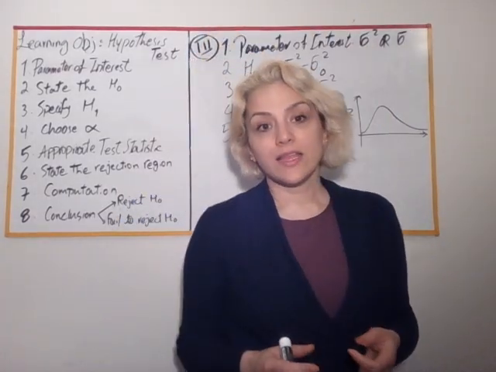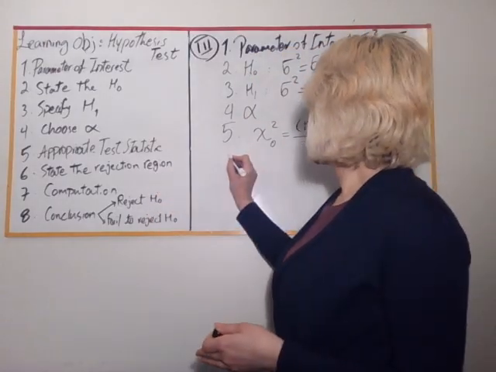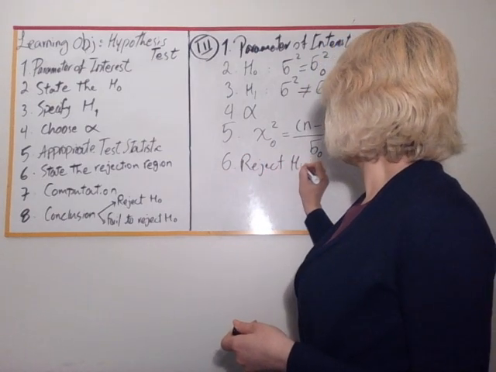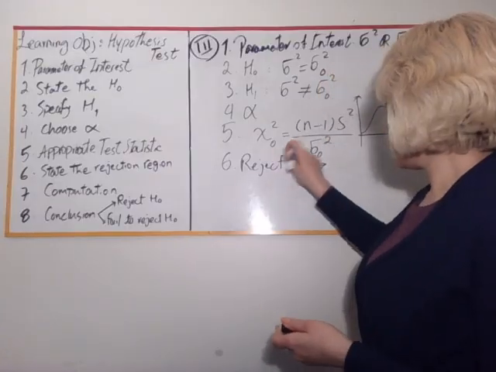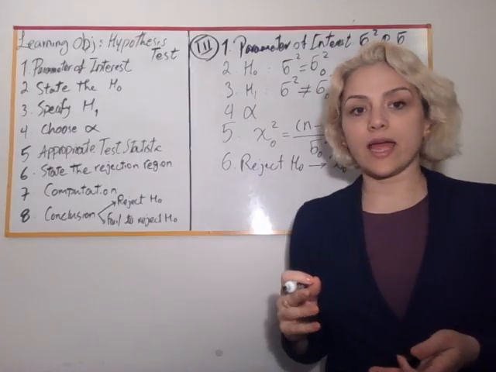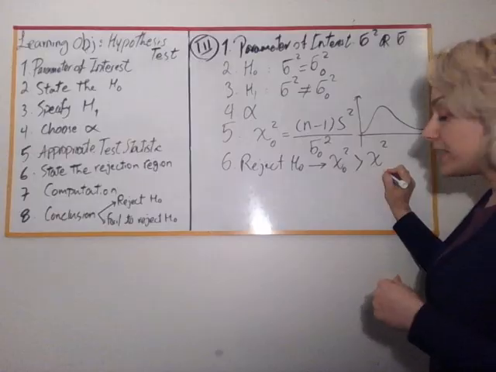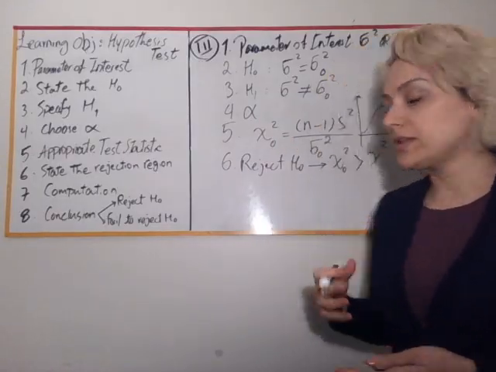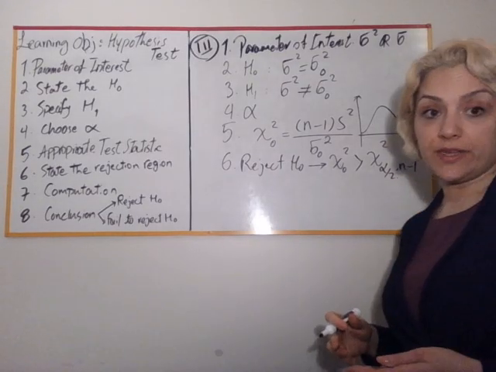So because of that, when we want to find the rejection region, in number 6, we would say reject the null hypothesis when our chi-square null is greater than the chi-square. Let's say we are working with the two-sided, right? So I'm going to have half of the alpha and n minus 1, which is my degree of freedom, right?